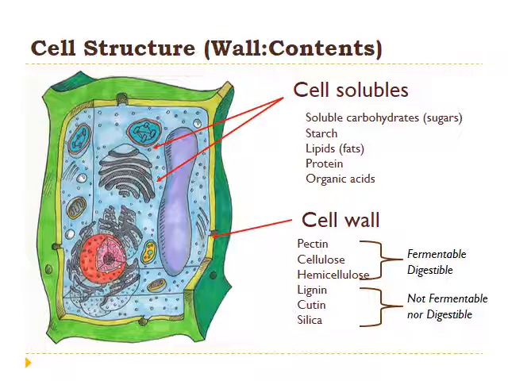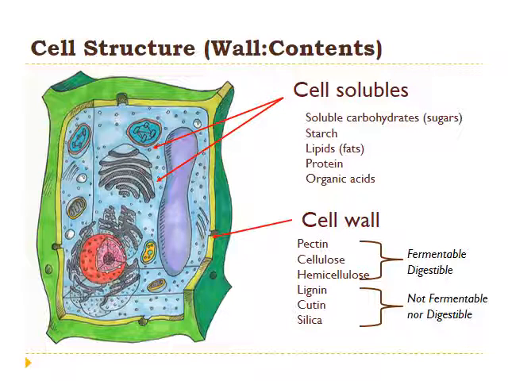We mammals can't. So the cell wall is really something that we can't use much as energy. I say much because some components like pectins can have a little bit of digestibility. Then there's another set of compounds in the cell wall that are truly used for structure and have almost no forage value at all: lignin, cutin, and silica. They're indigestible fractions, and so when they're in the cell wall, they cannot be digested or used as energy.